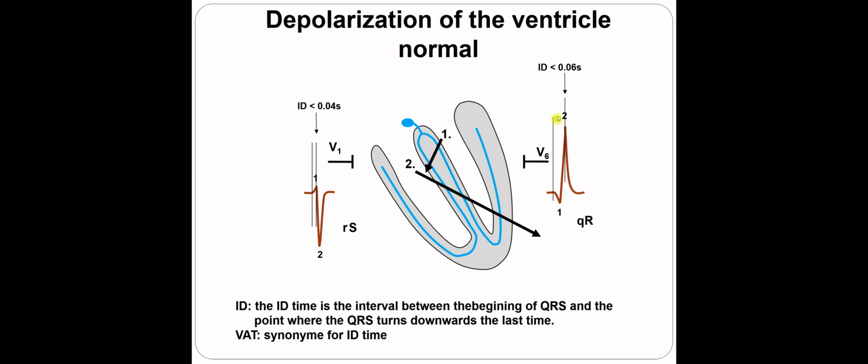That should be around 0.06, about 1.5 millimeters normally. So this is the normal width. For sure, the ID time is not the same in all leads. But when you have any possibility of bundle branch blocks, look at V1 or V6, the right side and left side.